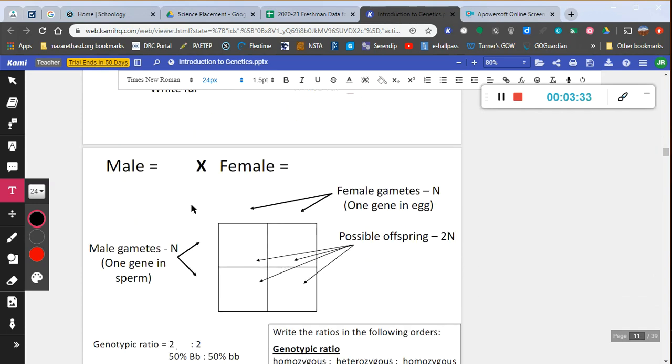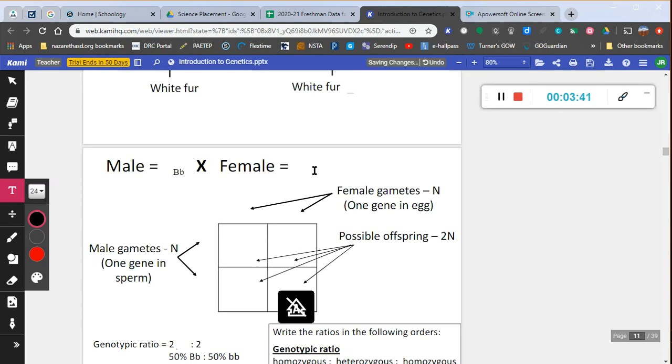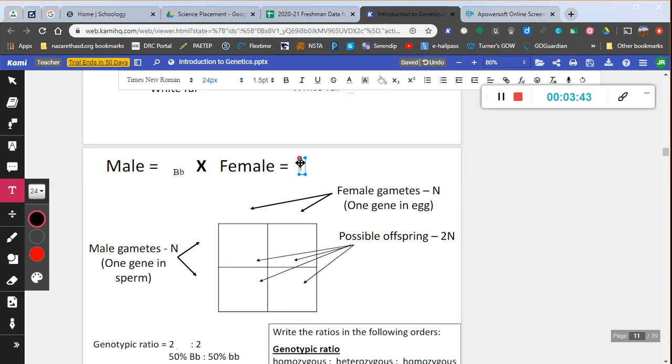So here's our male. Again, our male is capital B, lowercase b. And the female is lowercase b, lowercase b, heterozygous and homozygous recessive. Now, the first thing that I need to do is here's my Punnett square. It's a monohybrid cross because we are only looking at one trait, so mono for one.